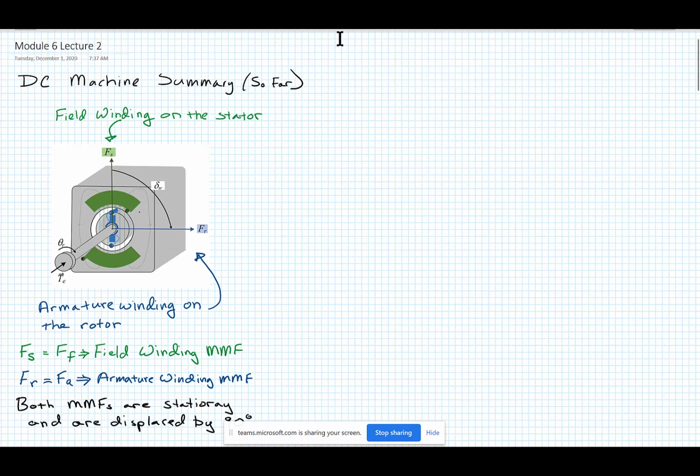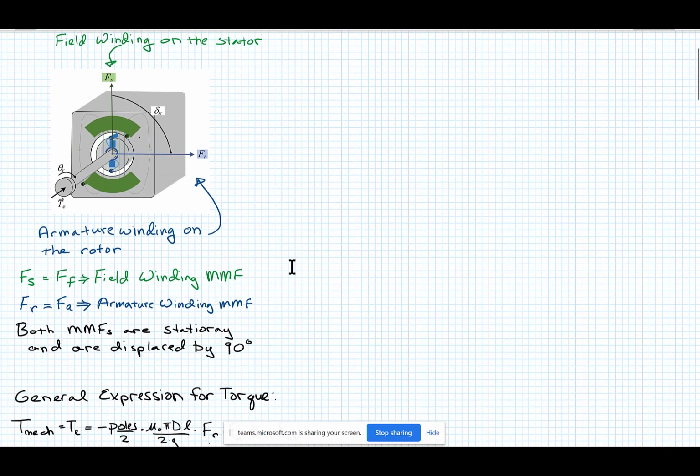So this is our summary of what we covered so far, just to wrap it up, put it all together. I'm using a color code which will help you think about things. The green is the field, blue is the armature. And this is the DC machine, this picture I created.